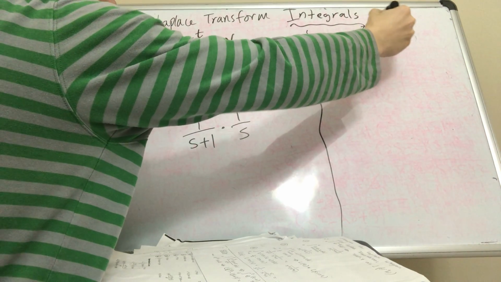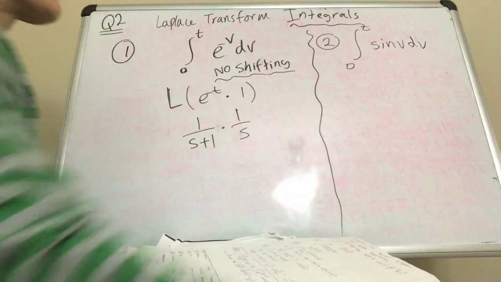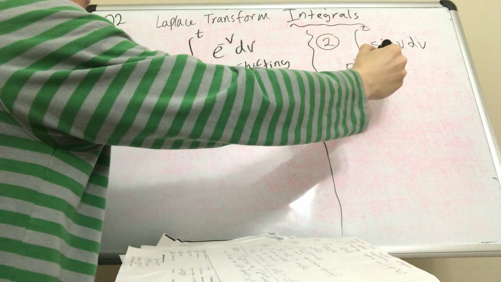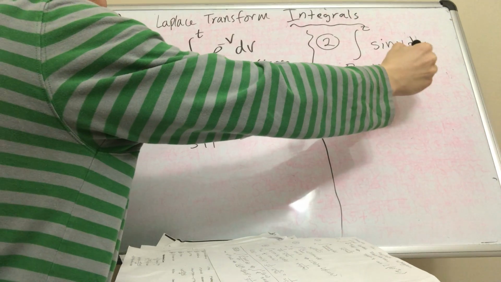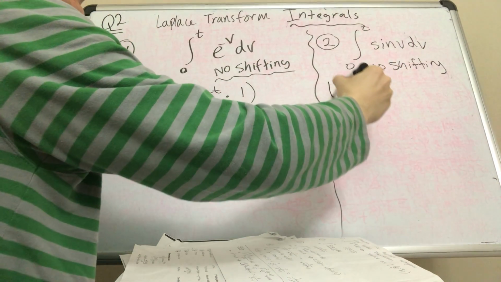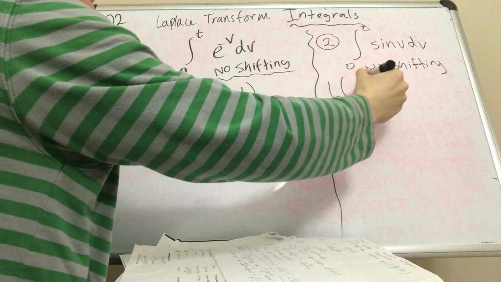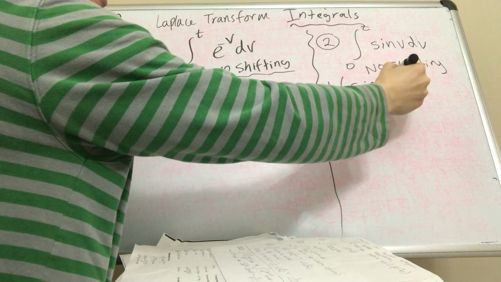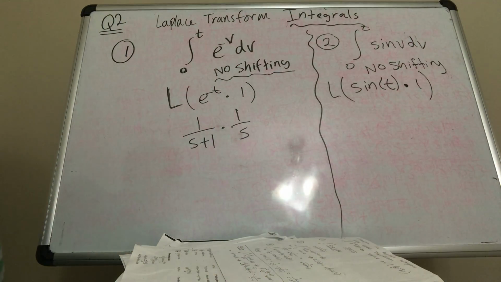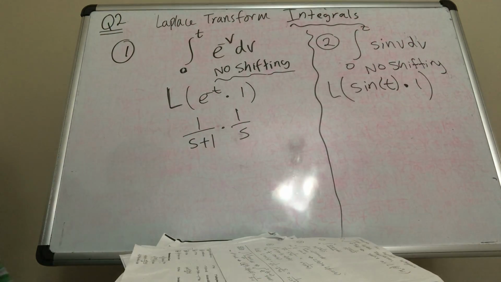The integral from 0 to t of sine v dv. Again, you see no shifting. When it's no shifting, you replace the v by t, so it's like sine t times 1. And now you can do it as a product.